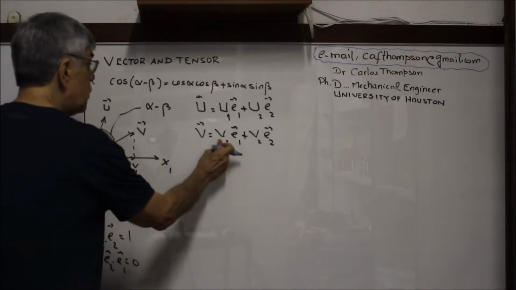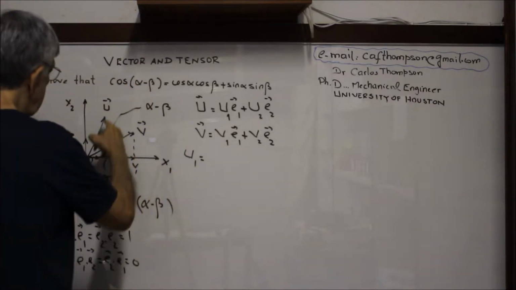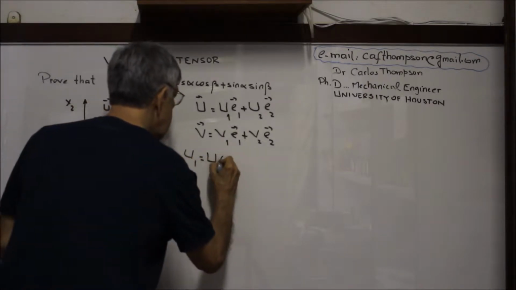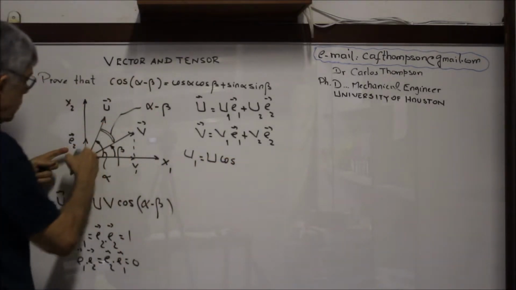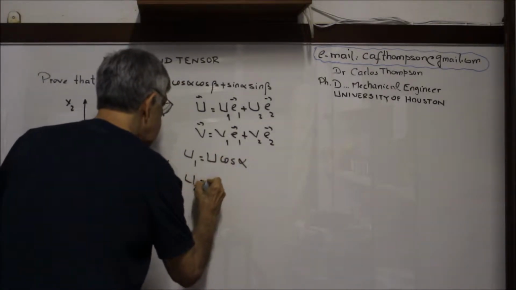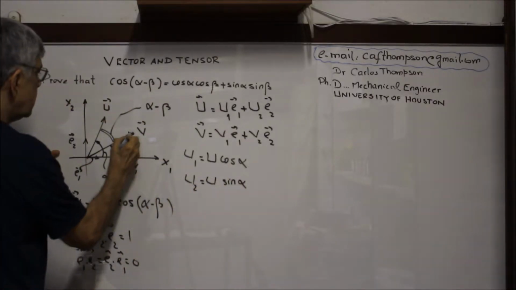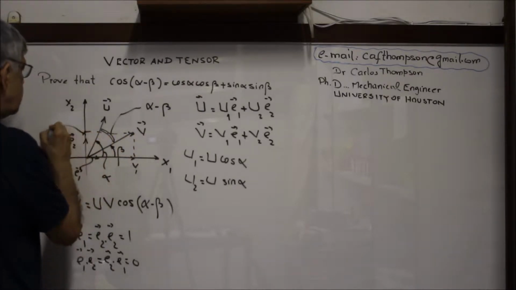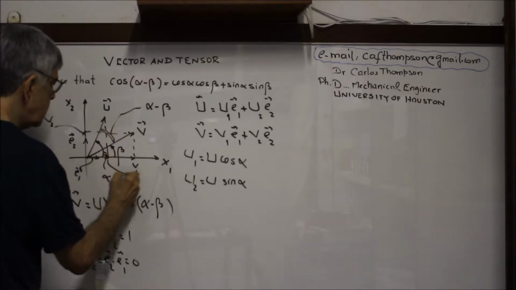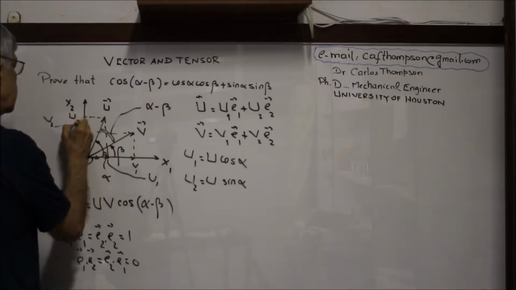Now, what is u1? Let's first do u1. u1 is equal to the magnitude of the vector u times cosine of alpha. u2 is equal to u sine of alpha. So this is u1, and here is u2.